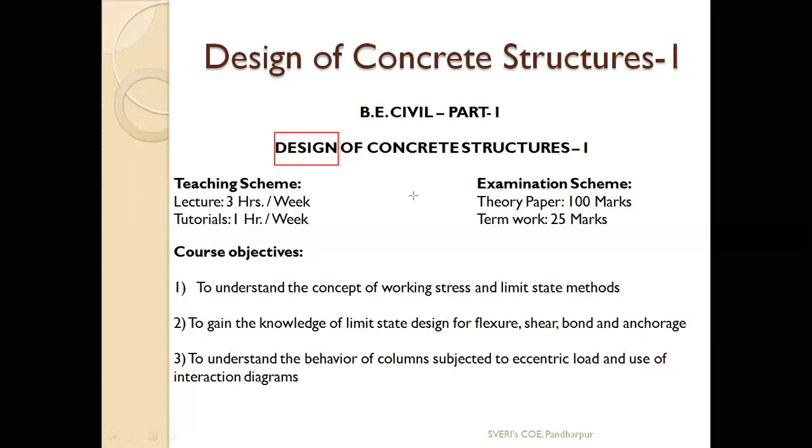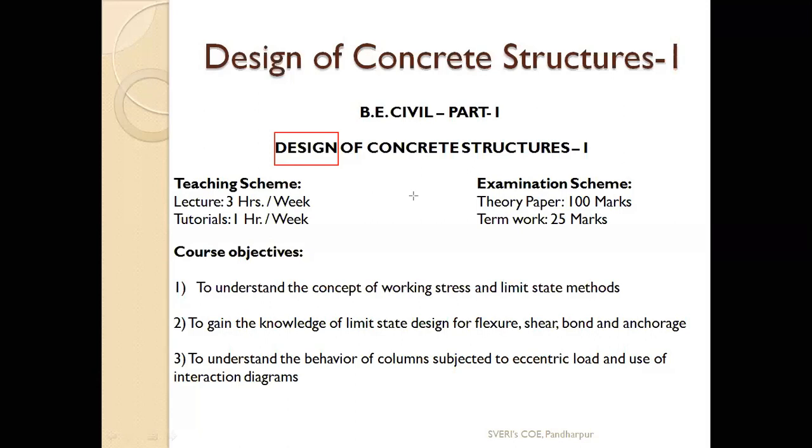Then in design, we decide how many steel bars we need to provide in the given section. As you know very well, any member comprises at least two things, concrete and steel. Once you decide the size of the member, you are automatically deciding the quantity of concrete.